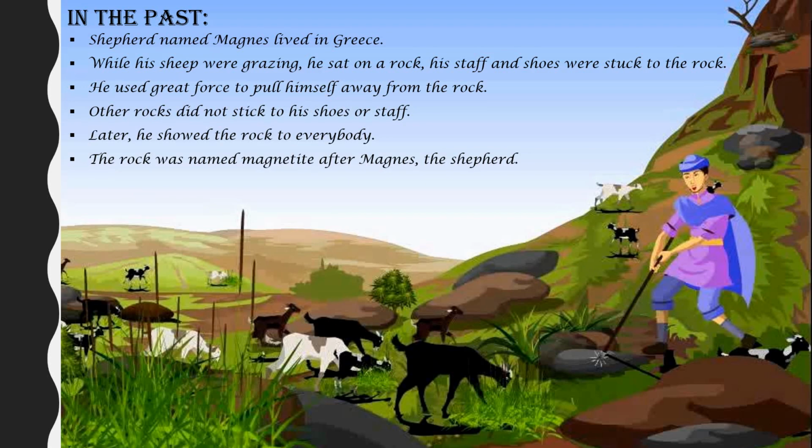There is a legend about the discovery of magnets. It is said that a shepherd named Magnus lived in Greece. Once, while his sheep were grazing, he sat down on a big rock. But what a surprise he got when he tried to get up. His staff and his shoes were stuck to the rock.